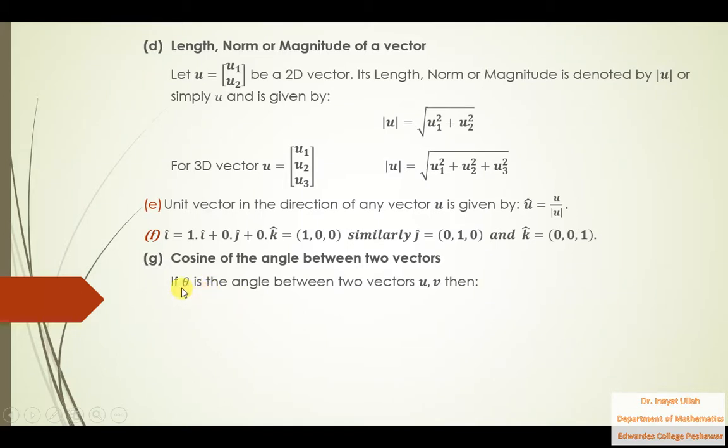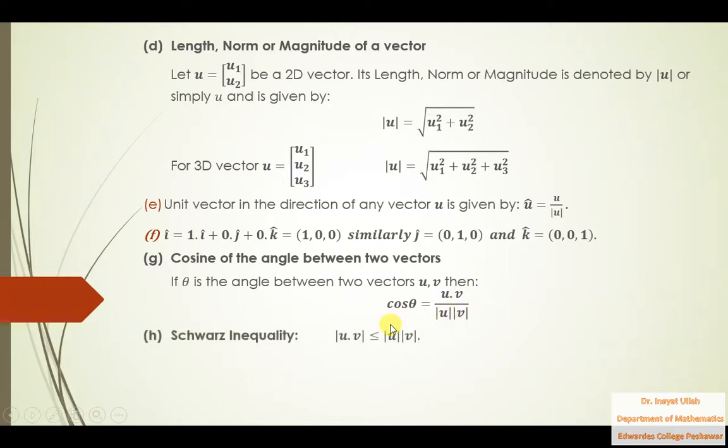If theta is the angle between two vectors u and v, then cos of theta will be obtained by this formula: the dot product of these two given vectors divided by the magnitude of the first vector into the magnitude of the second vector. So remember that the cosine of the angle between any two vectors is obtained by the dot product of the two given vectors divided by the magnitudes of those two vectors.